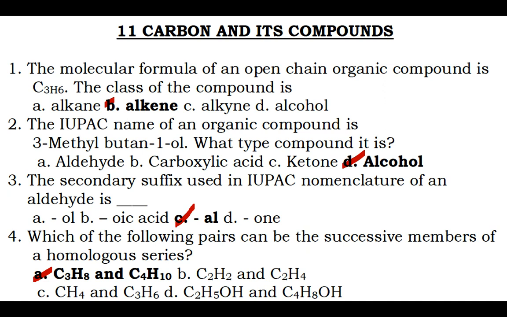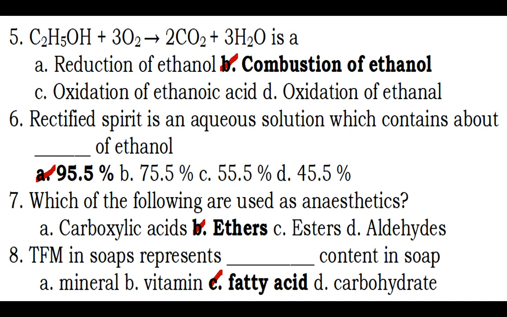Question number 3. The secondary suffix used in IUPAC nomenclature of an aldehyde is option C, al. Question number 4. Which of the following pairs can be successive members of a homologous series? C3H8 and C4H10. Option A. Question number 5.